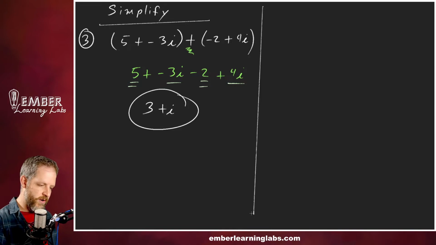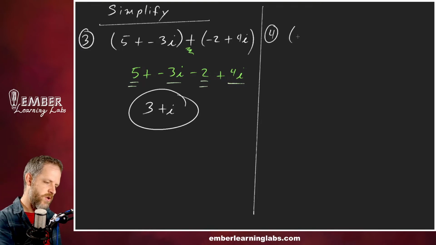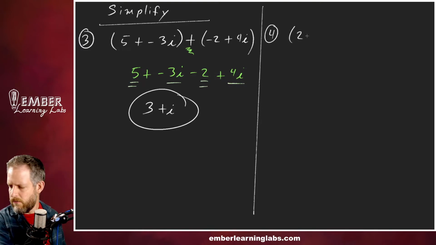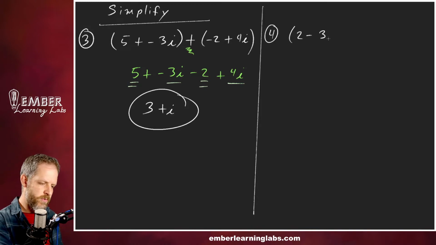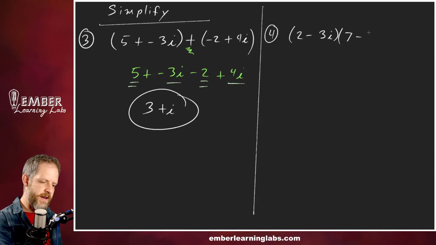Let's do another one with multiplication in it. So how about 2 minus 3i times 7 minus 4i? All right.